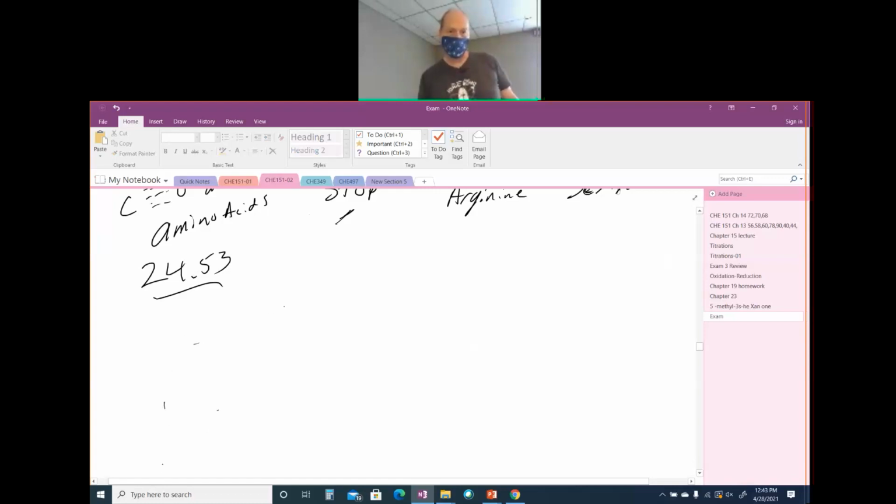I think it's just an error. But in the problem, the name says trans. And then they wrote the cis. So I'm going with the actual question, which says write the structural formula of the addition polymer made from trans 1,2-dichloroethene. And then they drew a structure of cis. For some reason, they did not draw a trans.